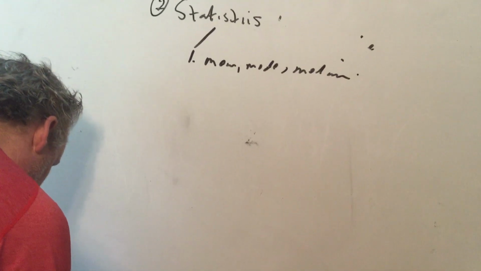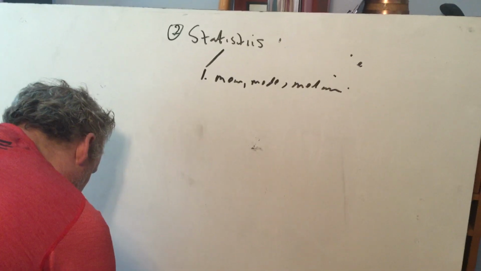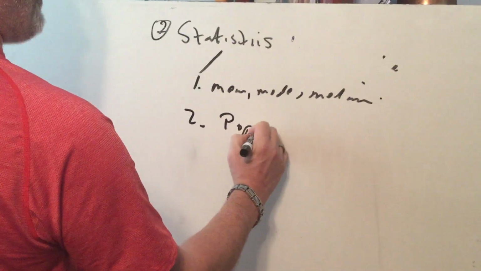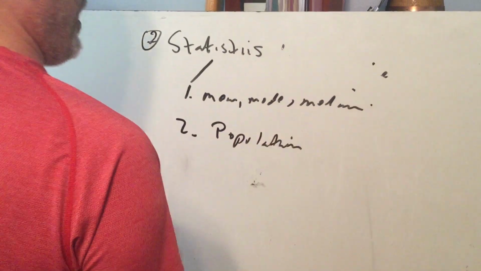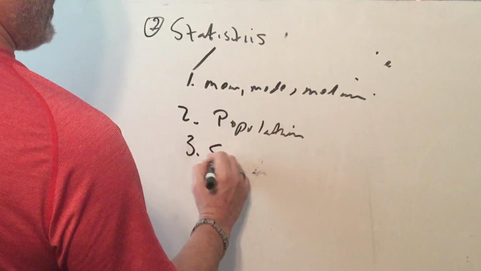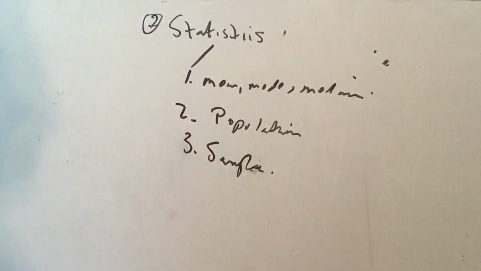Then what do we study? We studied population. What's a population? It's the whole thing. Then we studied sample. What's a sample? Sample is part of the population.